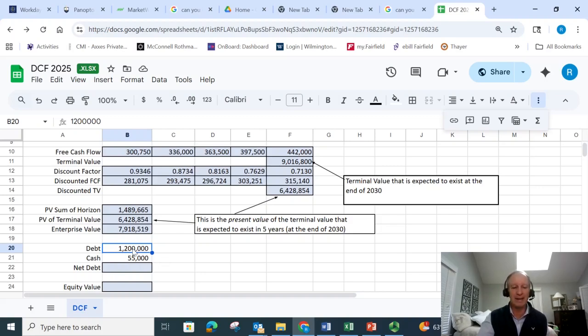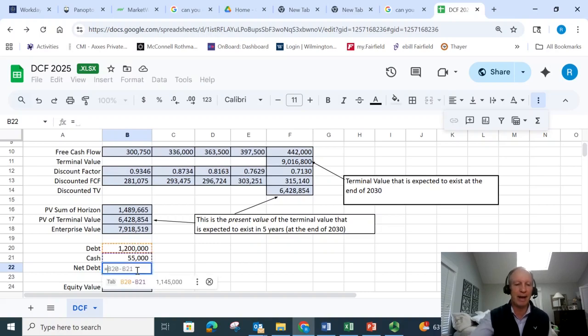I could find that data on the balance sheet if it's a publicly traded company. I could also find out how much cash the company has. The difference between these two is the net debt. It's effectively how indebted the firm is. Yes, it owes $1.2 million, but that's cushioned by the fact that it also happens to have $55,000 in the bank today in cash. So the net value of debt is simply this number minus 55,000.